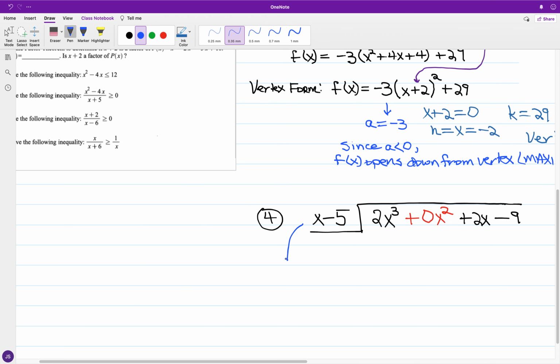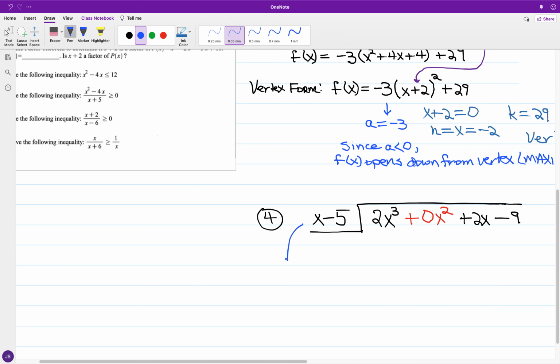And again, with the coefficients, I'll set it up like how it would likely appear in ALEKS. So you still have 5 partitioned, and you have 2 for x cubed, 0 for x squared, 2 for 2x, and negative 9 for the constant.